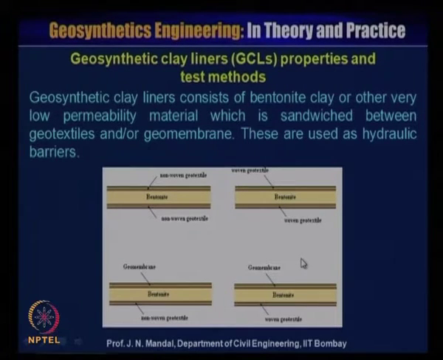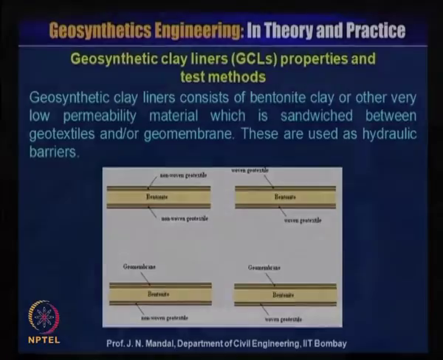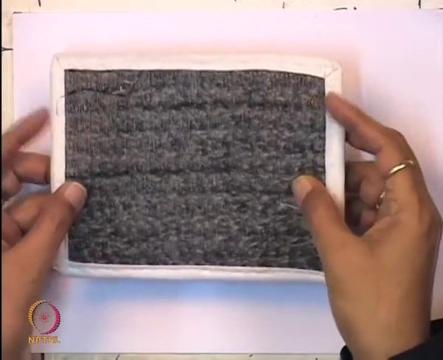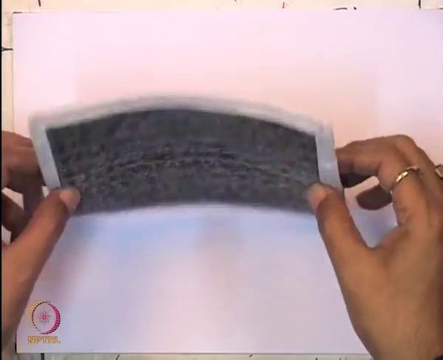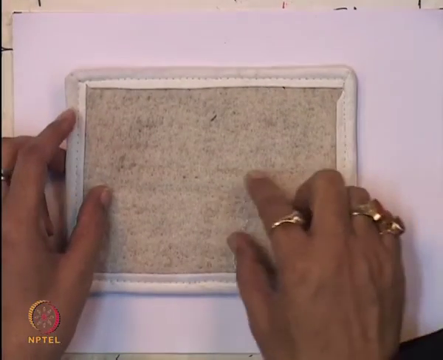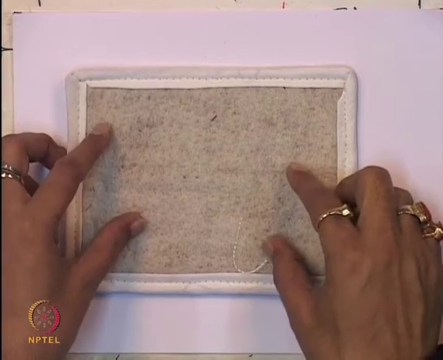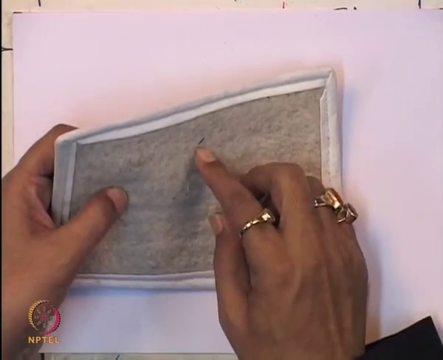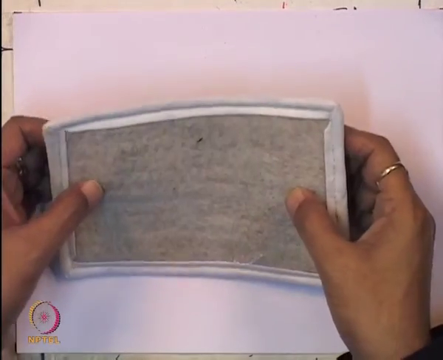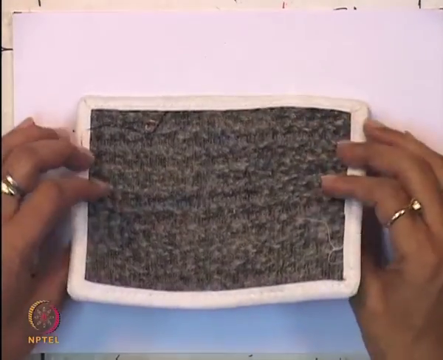So, you can see one of the samples like this: here is the woven geotextile material, sandwiched by non-woven geotextile material, and the bentonite is inside between the woven, non-woven and woven geotextile materials.